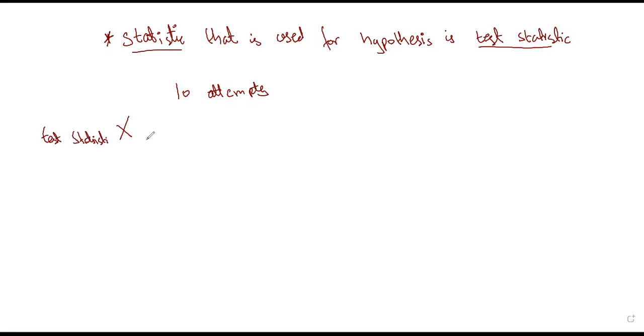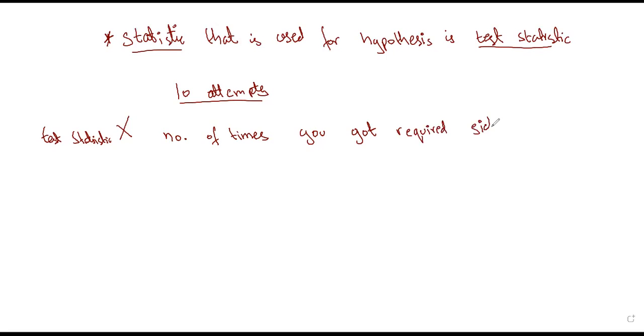Okay, so let's say it could be that you're rolling a die, you are tossing a coin, anything. It could be anything, but you are doing that 10 times. Okay, you are making 10 attempts. So the test statistic, or X, would be the number of times you got the required side.